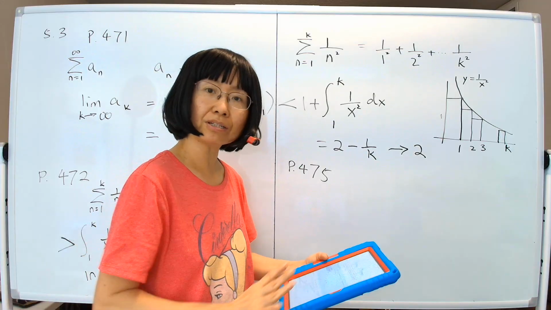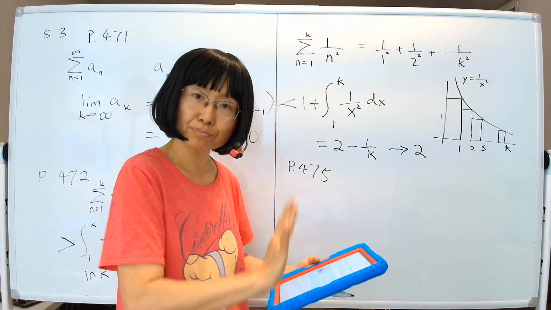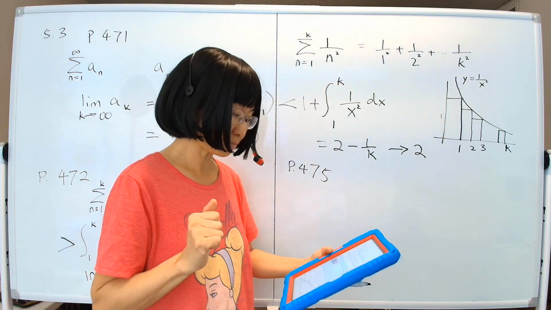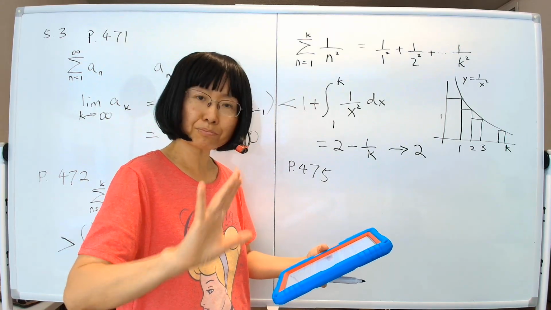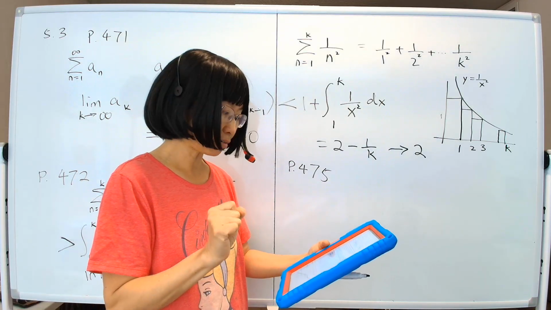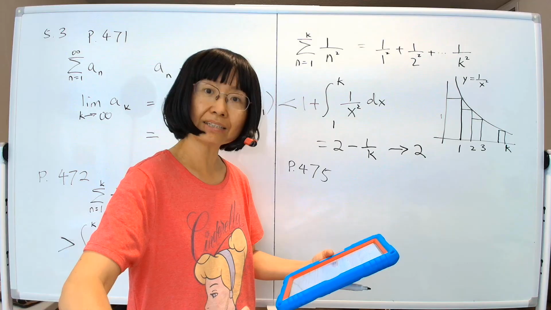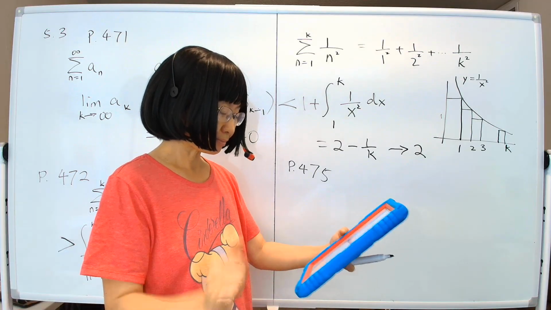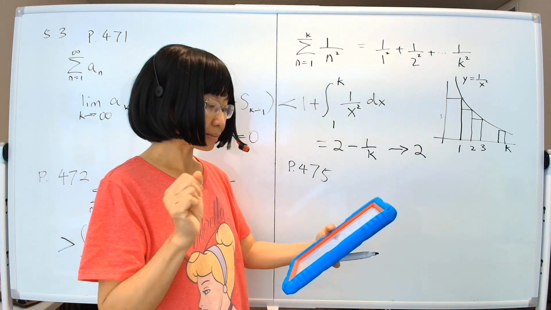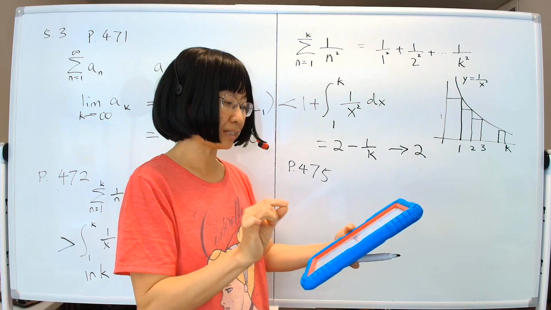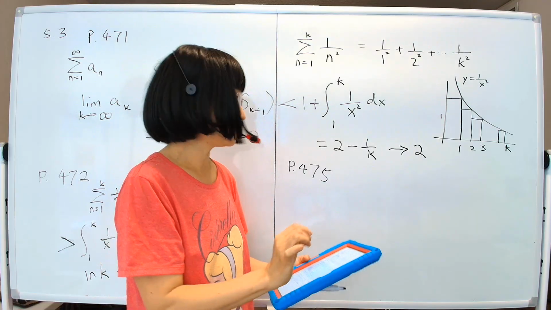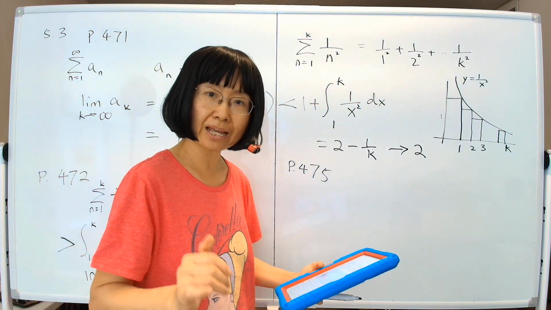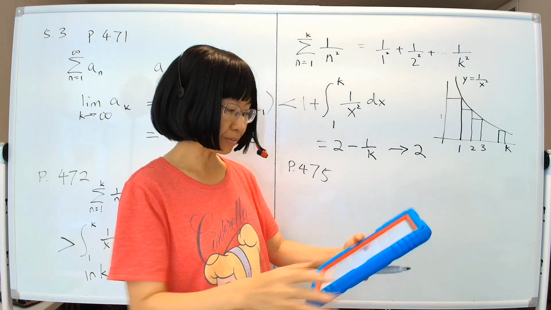It doesn't have to hold in the beginning because we don't care about the series' first finite number of terms. But if after some point f of n equals an for the entire tail end of the series, then the convergence of the integral and the infinite series goes hand in hand. They both converge or they both diverge.